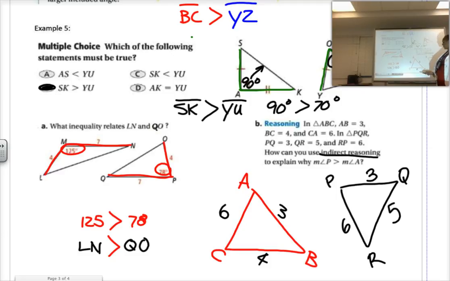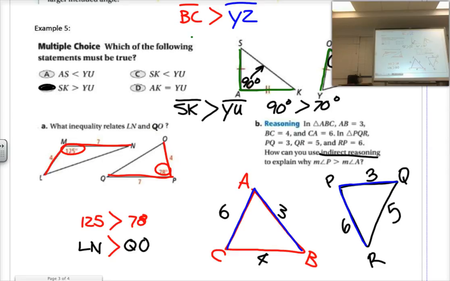Well, first I'd like to check to make sure that the Hinge theorem applies. I see that triangle PQR has a side PQ with a measure of 3, as does ABC. And PR has a measure of 6, and AC has a measure of 6.